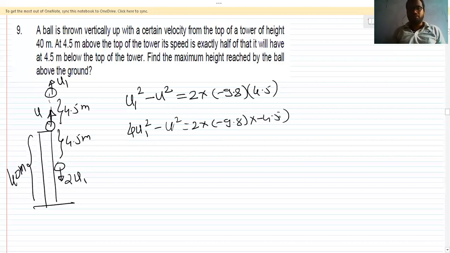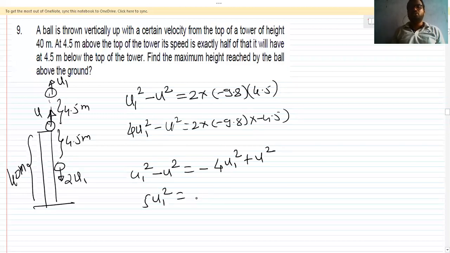So if you see over here, u1 squared minus u squared is equal to minus of 4 u1 squared plus u squared. So if you calculate it, it will become 5 u1 squared is equal to 2 u squared. So you can put the u1 value over here and find the value of u squared.